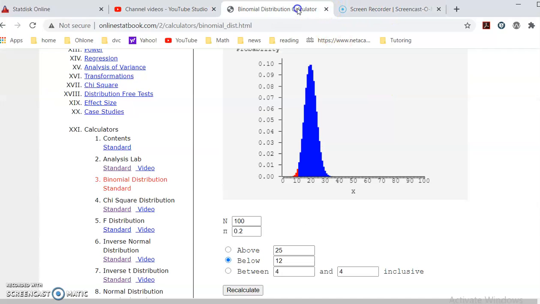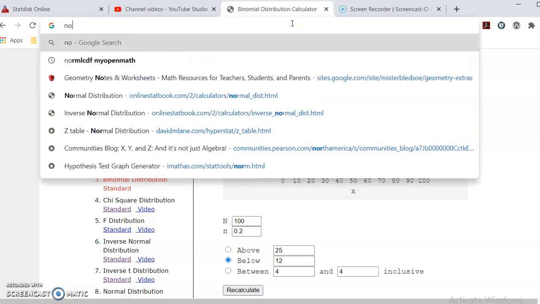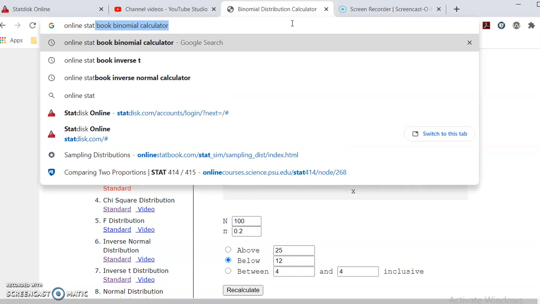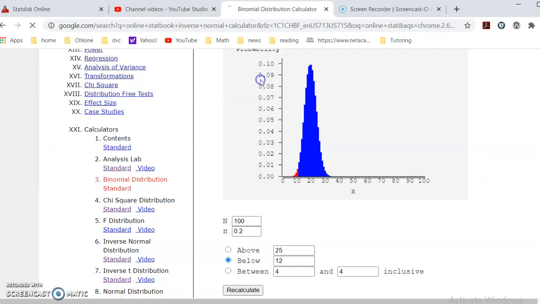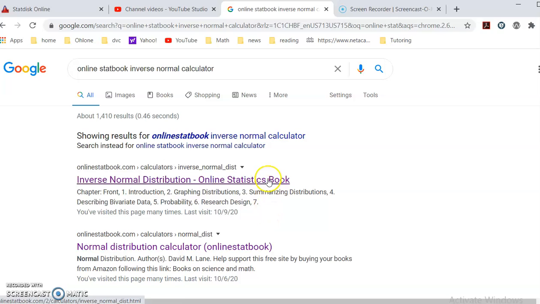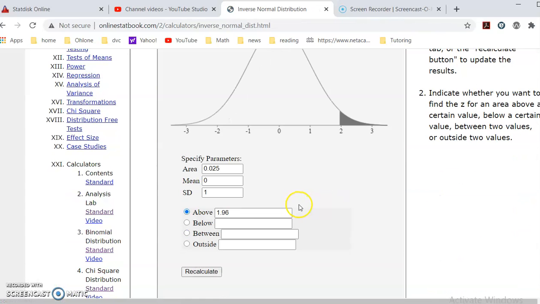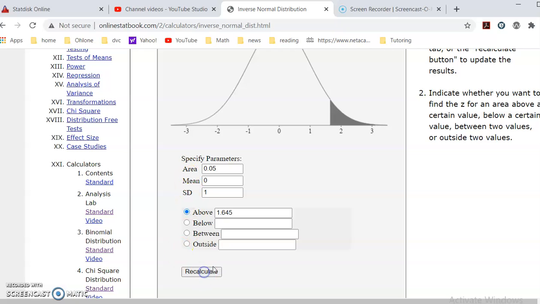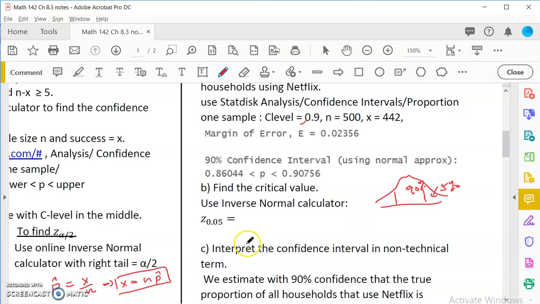We don't use the t calculator, we use the inverse normal calculator. And we put 0.05, and then we calculate. It's 1.645. So 1.645.